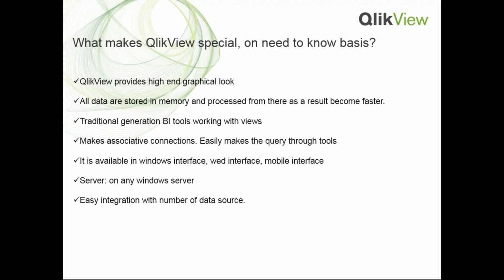It automatically relates, associates, or joins tables when it finds there is a common column name in multiple tables. If it finds two to three tables having a single column which is common in those tables, QlikView will automatically join them. So in this way it is also very developer friendly. Query writing becomes less here.